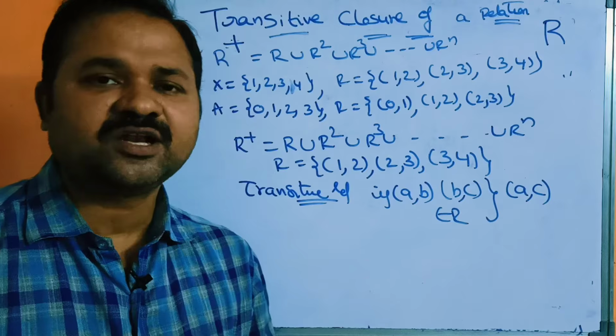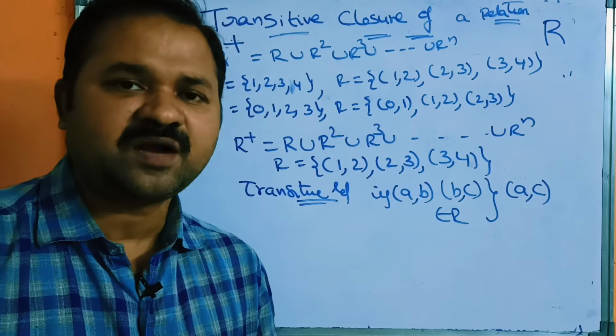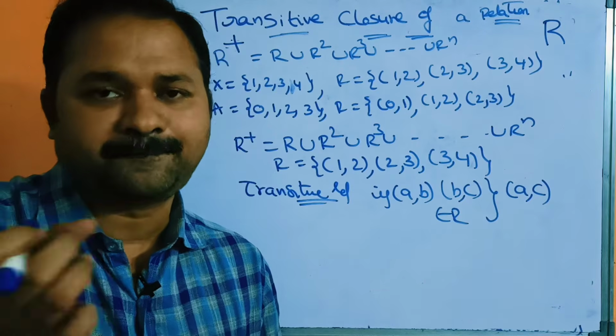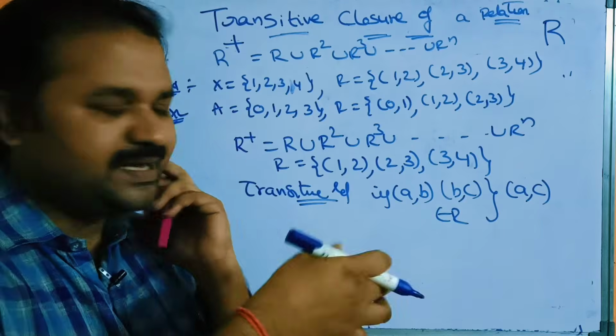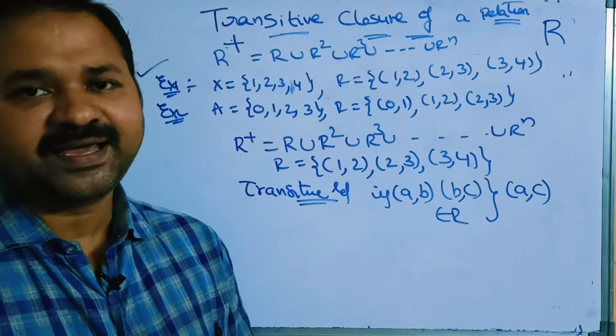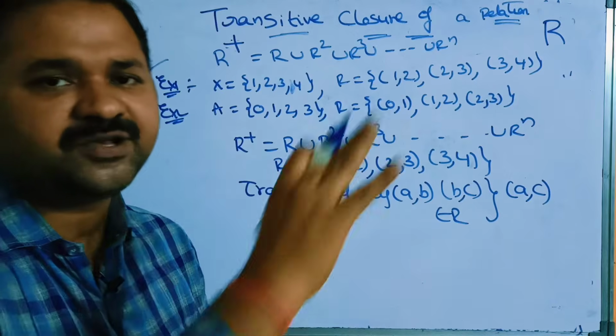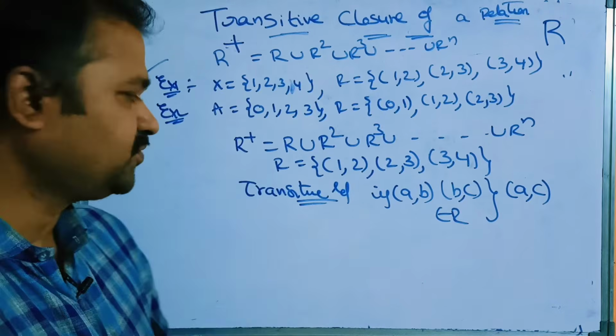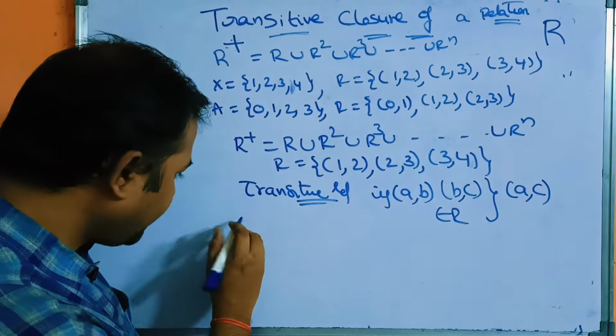Likewise, we need to calculate R power 2, R power 3, R power 4 till we get phi. If any result is phi, then we can stop the process and compute the union of all those results. Here we already have R.